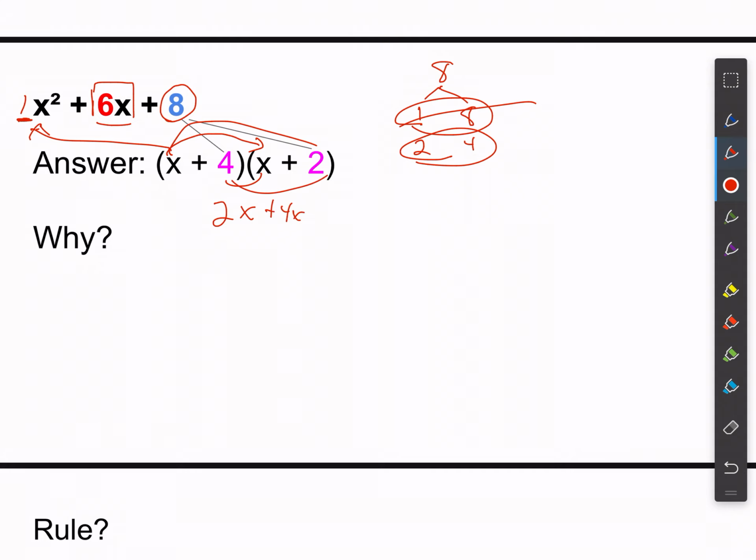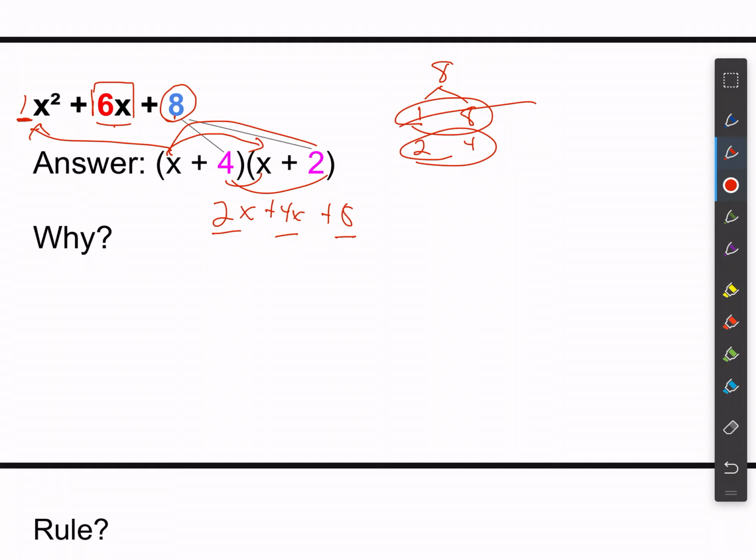And 4 times 2 gives me 8. So you can kind of see why this rule works when you check yourself there. 2 plus 4 gives you the 6, and then the 8 is here, okay? So this is kind of the strategy behind factoring.